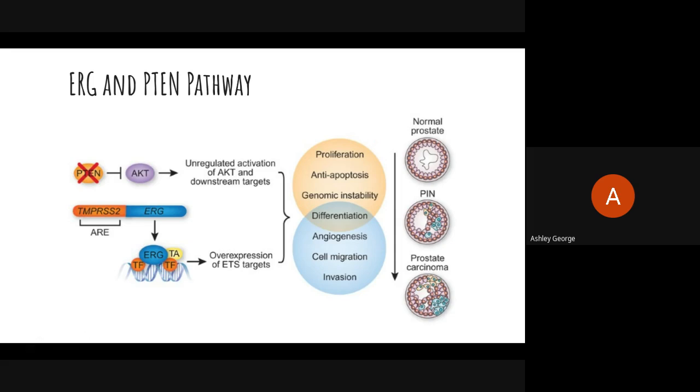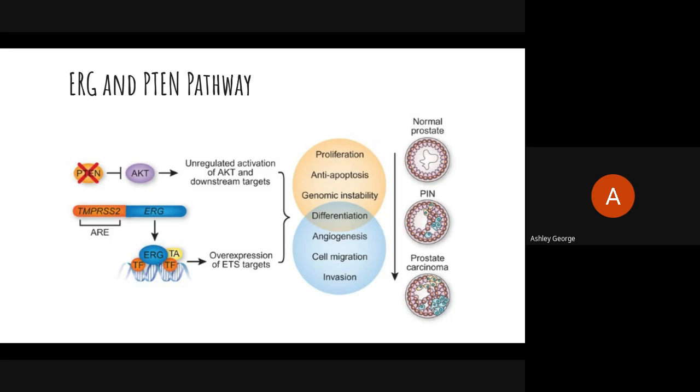And then, when the target genes of these transcription factors are overexpressed, it can lead to what we see over here with proliferation, anti-programmed cell death or anti-apoptosis, instability of the genome, and all of these things that are listed here, which shows the progression from the normal prostate to ultimately prostate cancer.